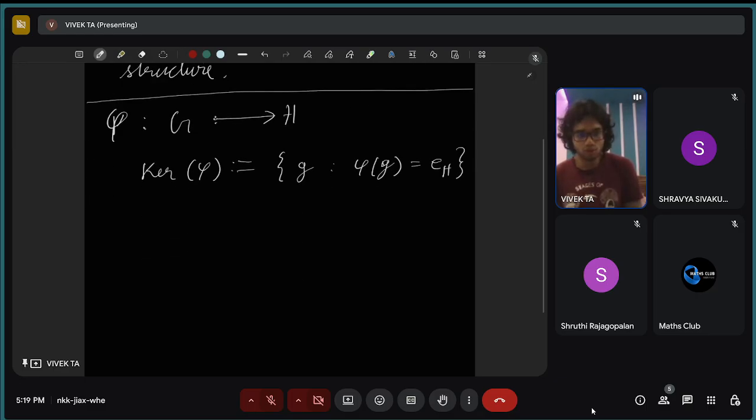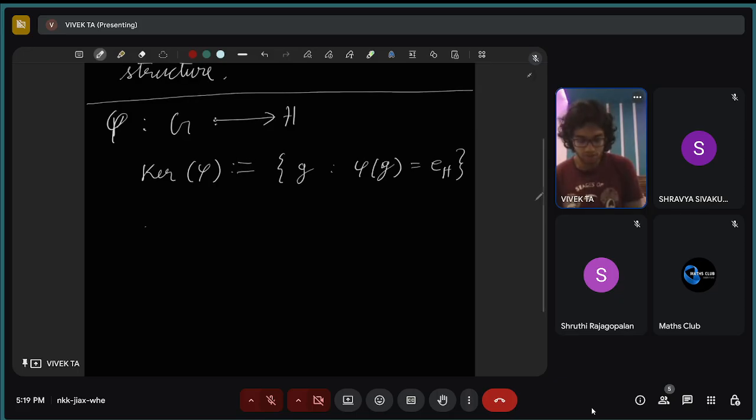So what we now want to see is how exactly the kernel behaves. If you remember what the conjugation map was, let me put the conjugation map as C_g1, where g1 is a given element in G, by the way.